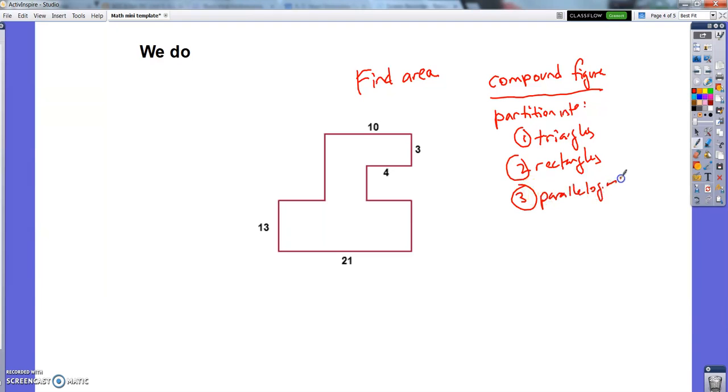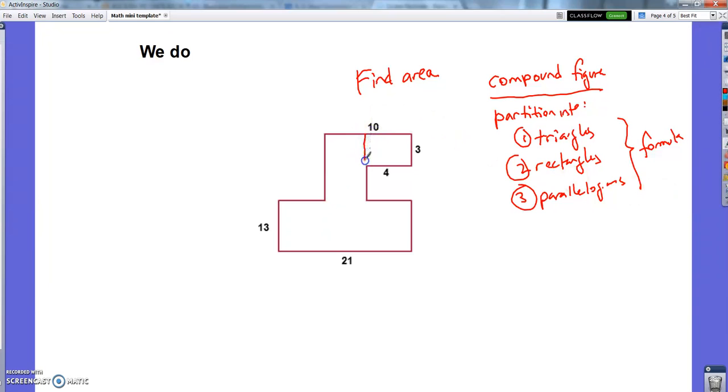The reason for that is I have a formula for all three of those. So it makes sense to try to cut it into pieces where I know a formula. This one, depending on how you want to look at it, you can do in a couple of different ways. If you want to cut horizontally, you could partition this into 3 rectangles like that. 1, 2, 3. You could also probably partition it like this.